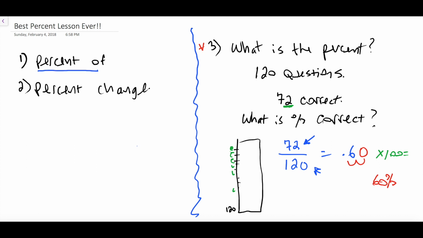When we do percent of, think of it as shrinking the number down. That's one of the topics I couldn't figure out, so I'm really happy we're going over this. It's the percent that shrinks it down.